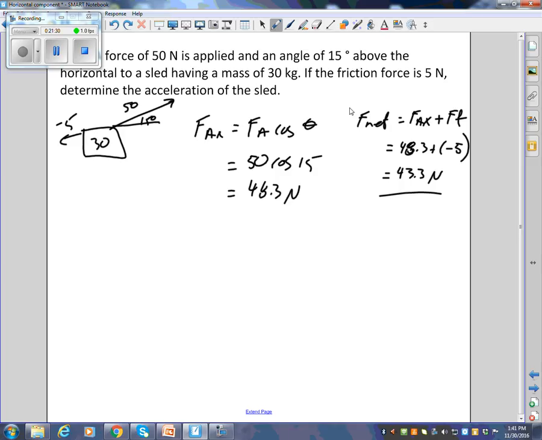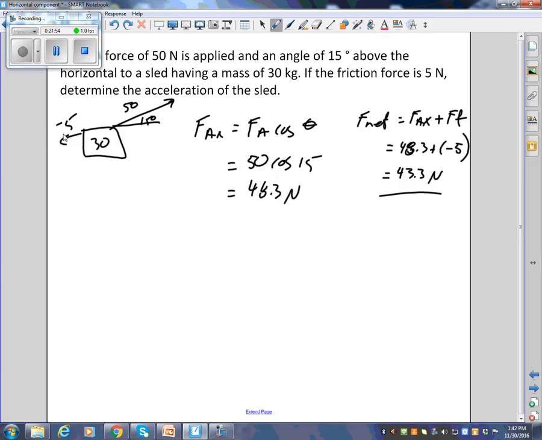F net is equal to FAX plus the friction force. It's plus, I'm adding the forces together, but the friction is negative 5. It's to the left. I was just talking about whether it should be negative or not. I don't think it matters, as long as you do it right here.